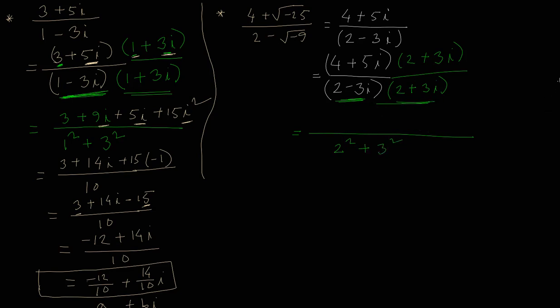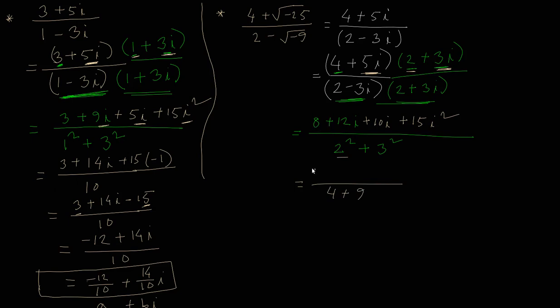Now let's multiply the numerator. 4 multiplied by 2 is 8. 4 multiplied by 3i is 12i. 5i multiplied by 2 is plus 10i, and 5i multiplied by 3i is 15i square. Let's see what I am left with. 2 square is 4 plus 3 square is 9.